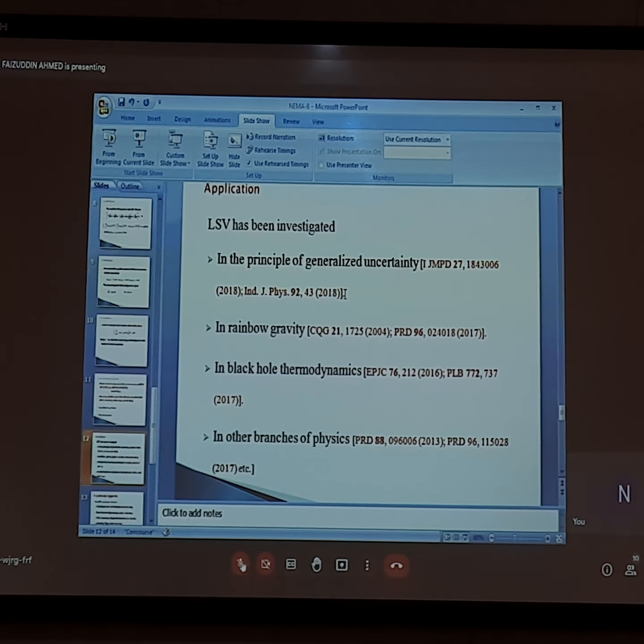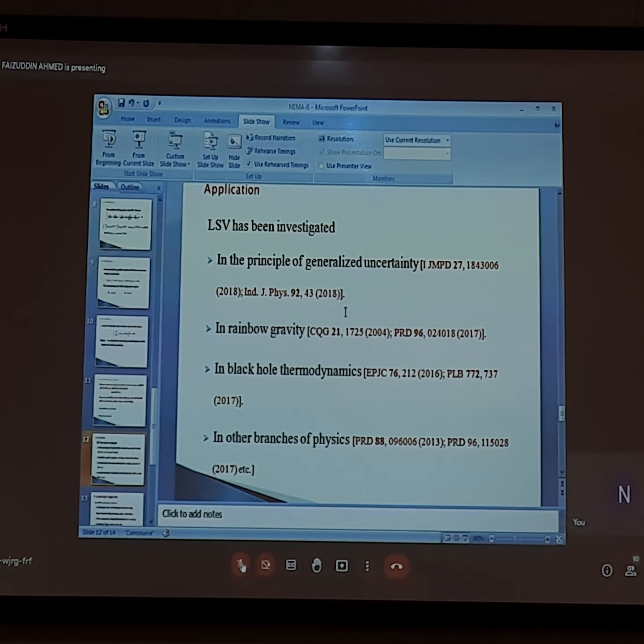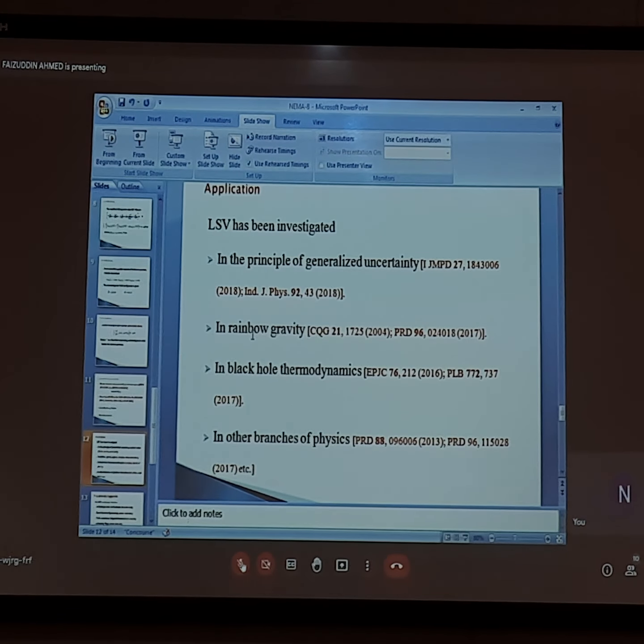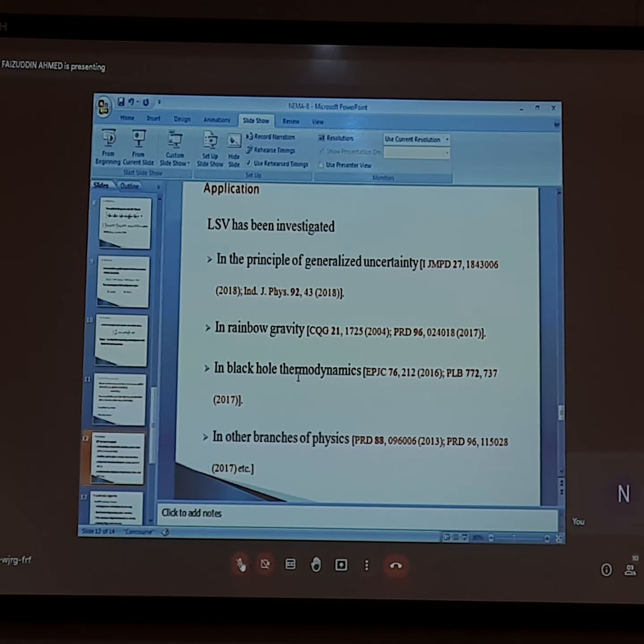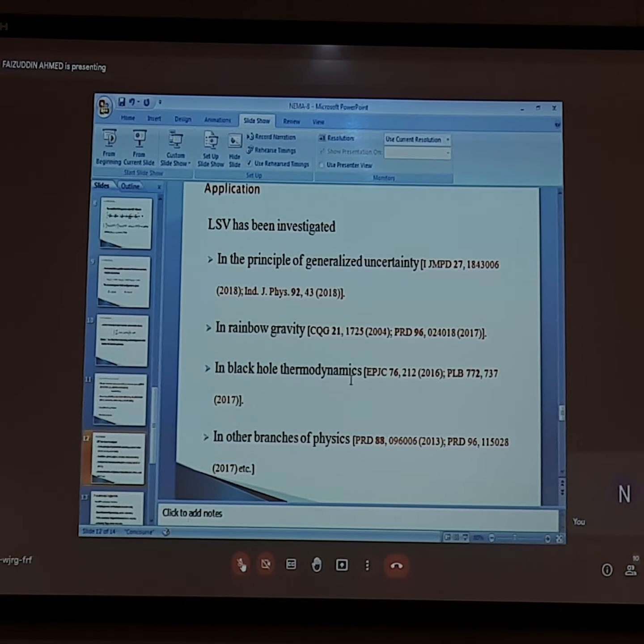This Lorentz violation has been investigated in various contexts: quantum dynamics, the uncertainty principle, and rainbow gravity, studied by many authors. It has been investigated in black hole thermodynamics also and in other branches.